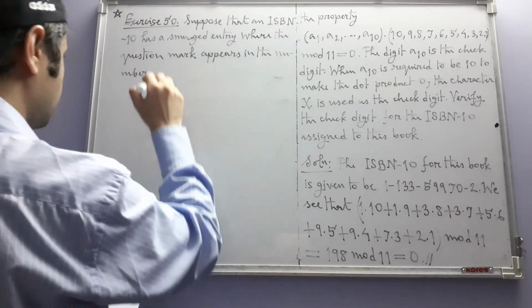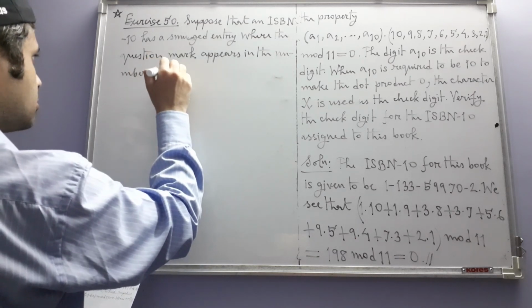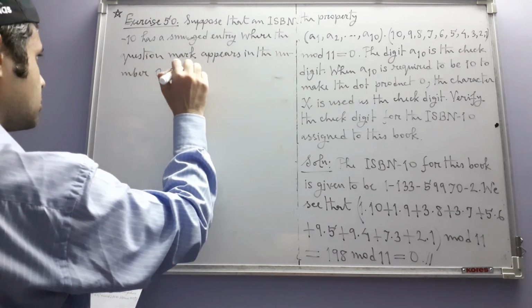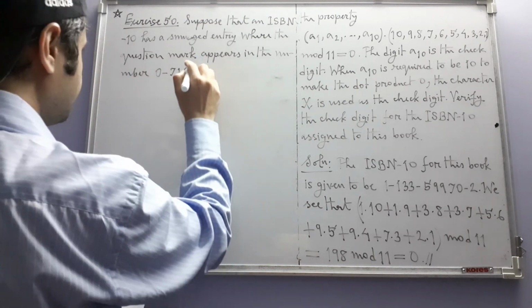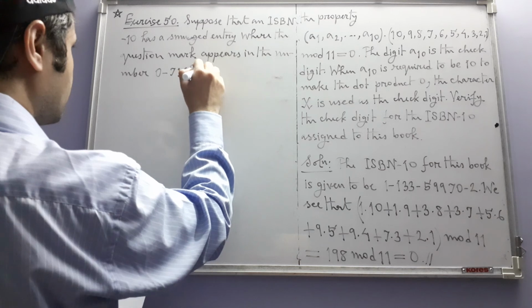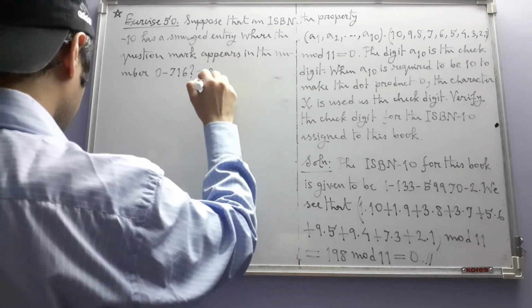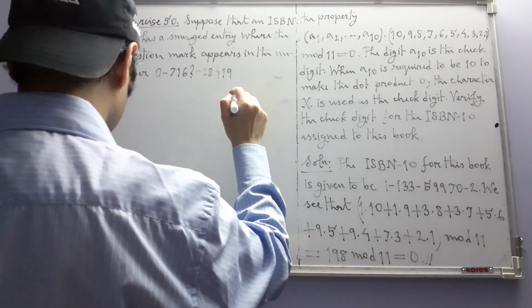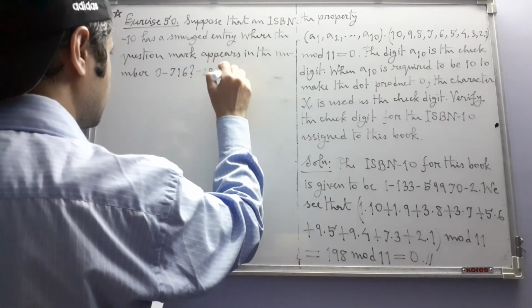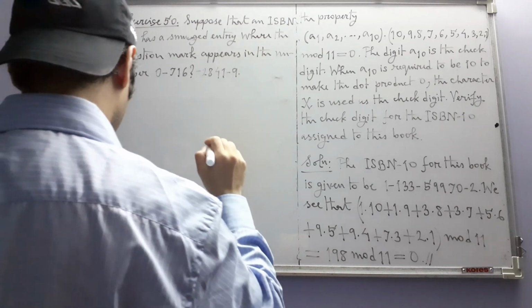So this is the number 0716, and then this one cannot be made out, 2841, and there is a hyphen, 9.